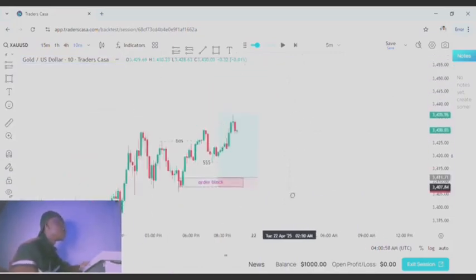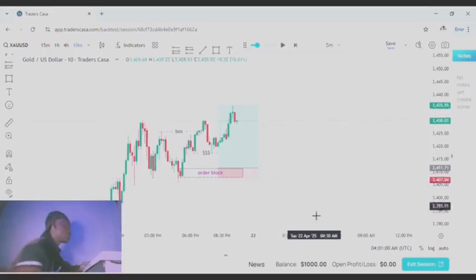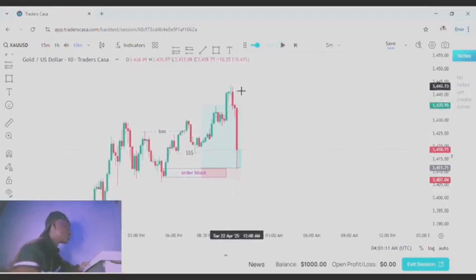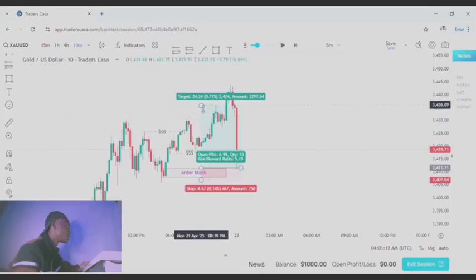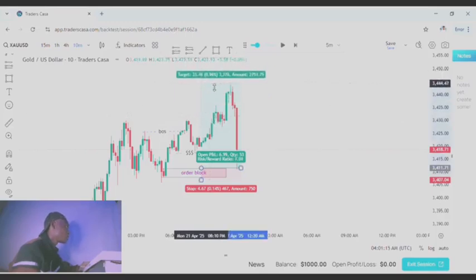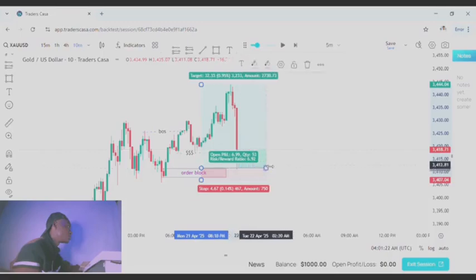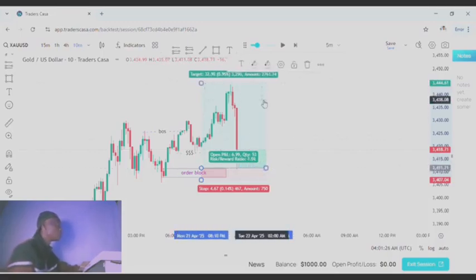Let me play it out. When you see price have tapped us in right now, price just tapped us in, and this is close to a 1:7 ratio trade. Let me drag all these things out for you to see.